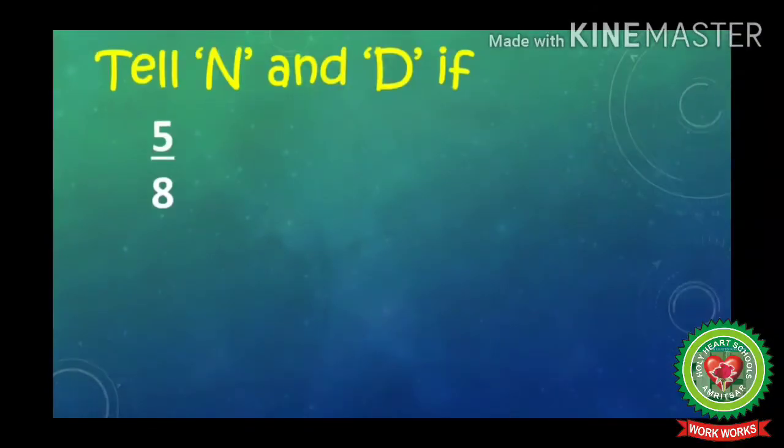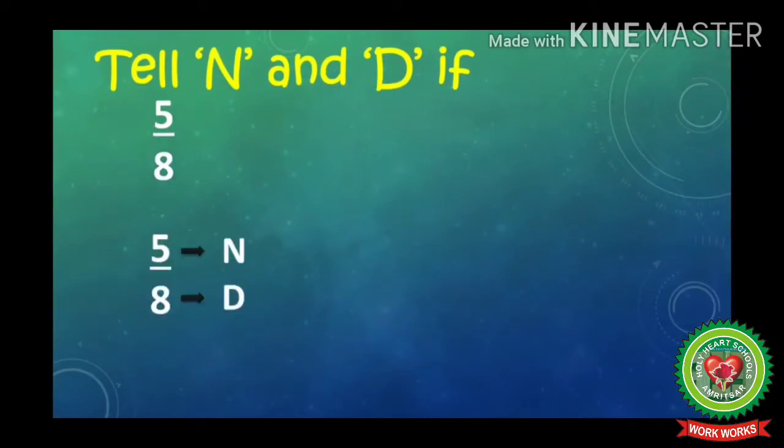Now let us solve one sum. The sum is: tell N and D if the fraction given to us is 5 upon 8. Now what will we do? We will again write this fraction and put arrows. What is 5? It is above the line, so it is numerator.